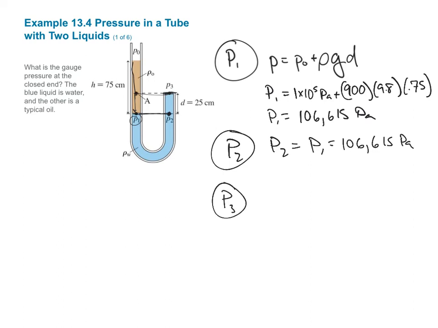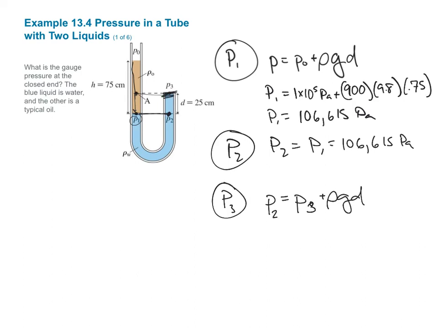Point 3 is the top. So I'm going to write down our general equation again. Pressure, which is at the depth, equals the pressure at the top plus rho g d. This time around, we know the pressure at the depth, P2. So I'm going to make that this one, that's P2. The pressure at the top is P3.